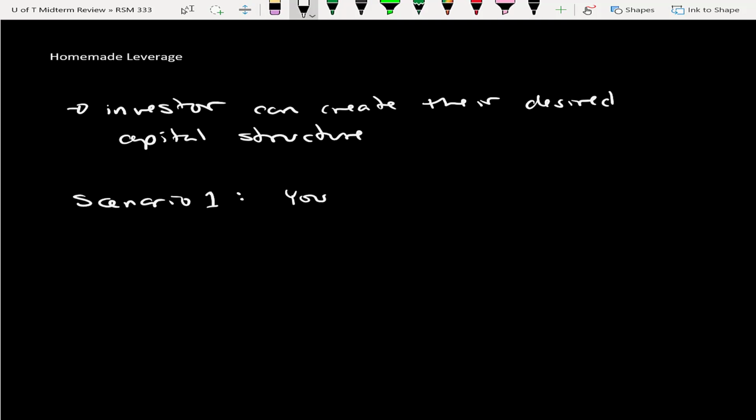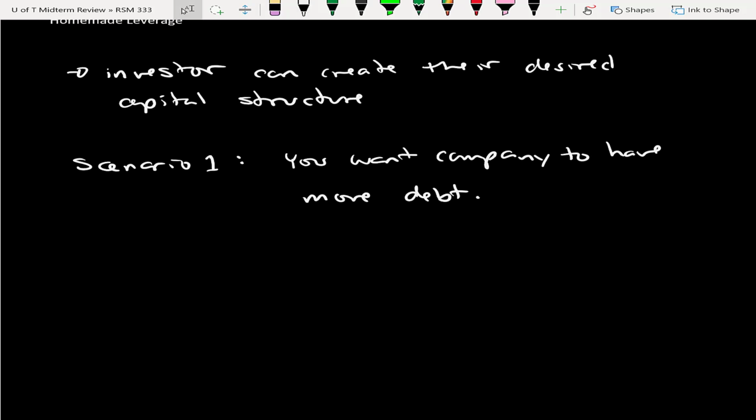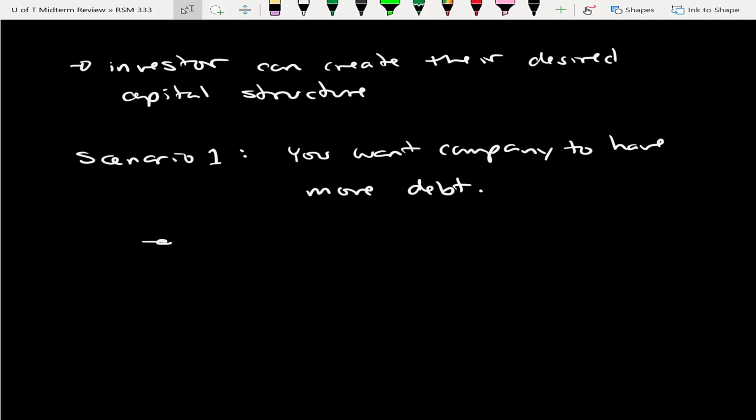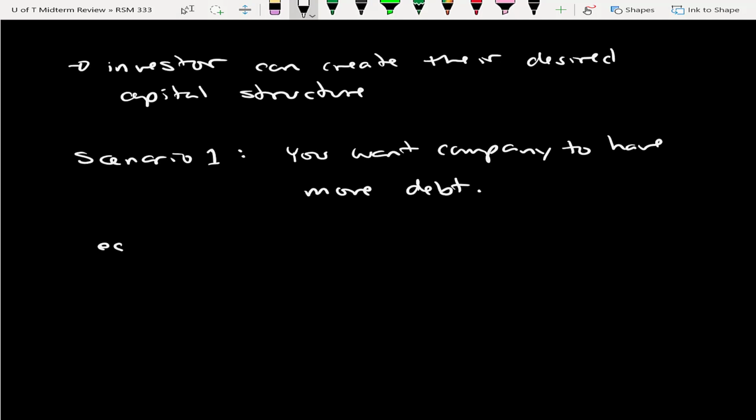So you looked at the break-even EBIT calculation. Turned out the company has no debt, and you decided it'd be nice if they did have debt. My return on equity would be higher. And let's look at the example that we'll go over.